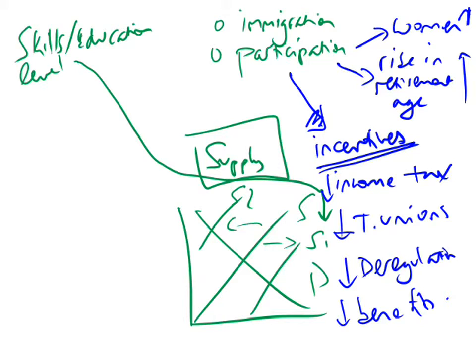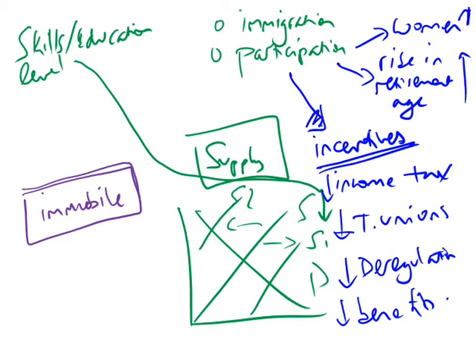In terms of supply as well, you have the issues around immobility. A mobile workforce would allow supply and the price mechanism to reach an equilibrium, but immobility might lead to a disequilibrium in markets or a market failure.